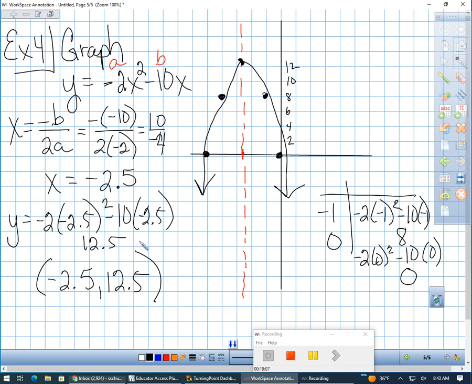I'm still confused how you got 12.5, because when I do it, I keep getting 37.5. Let me see how you plugged it in your calculator.